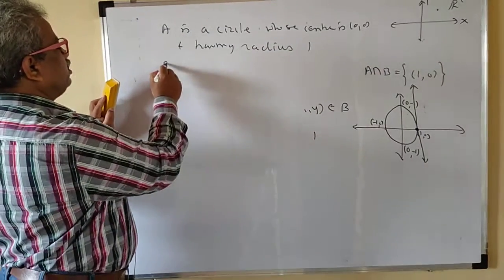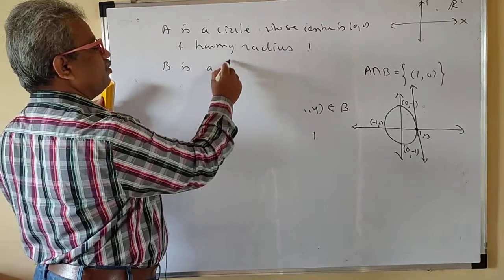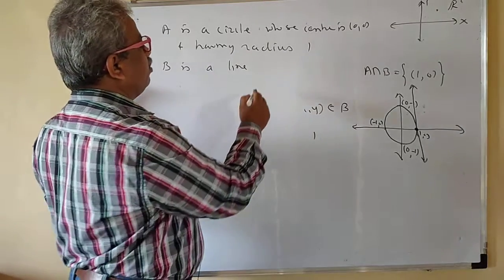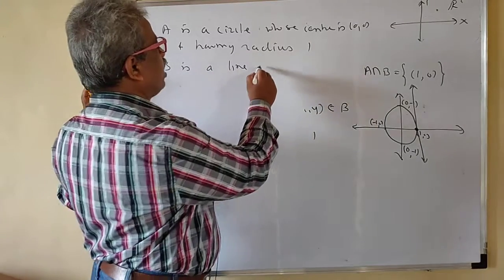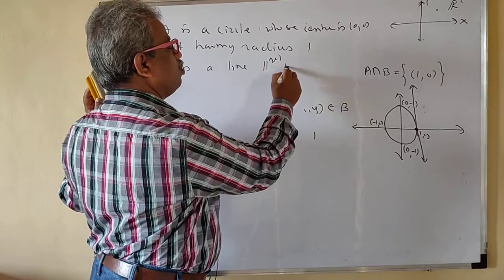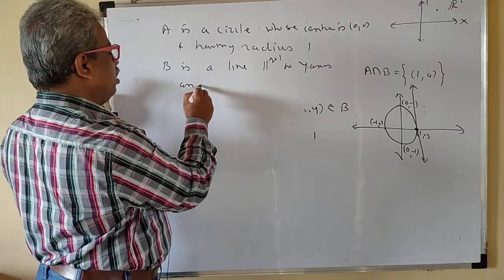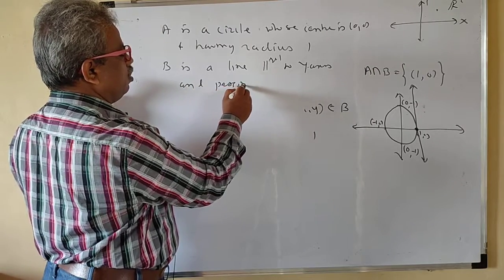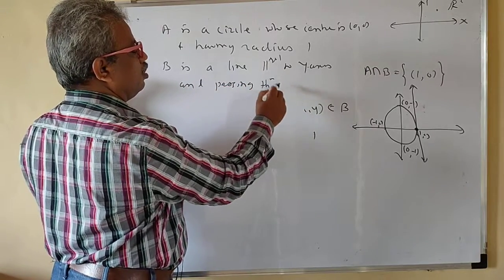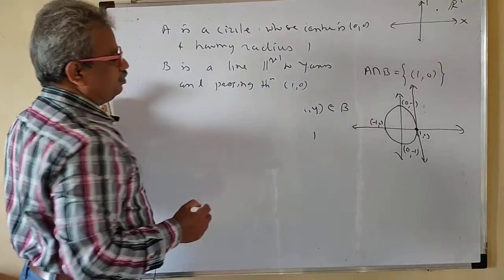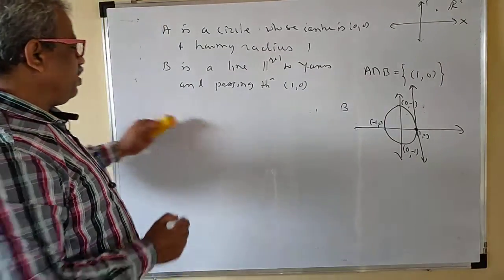B is a line parallel to the y axis and passing through (1, 0). Right? So what is A intersection B?